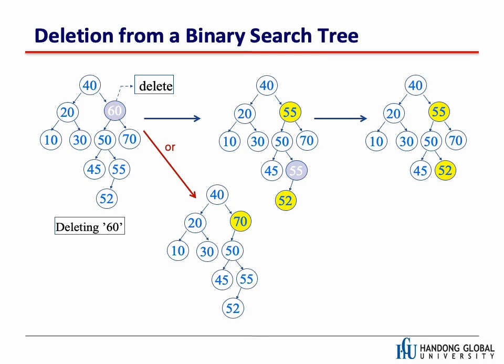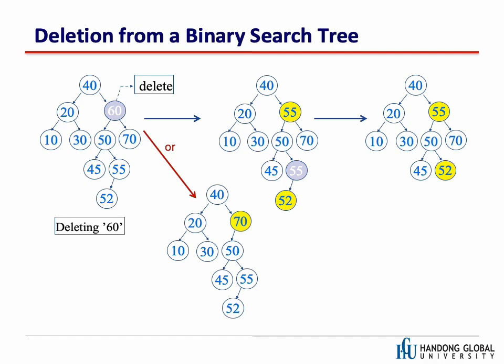But actually, the upper one is the better solution. Basically, the upper one has a well-balanced tree compared to the bottom one. The depth of the bottom one is 1, 2, 3, 4, but the depth of the rightmost one is 3, right? So actually the upper direction is better than the lower direction, but it depends on the original BST and the target node to delete.